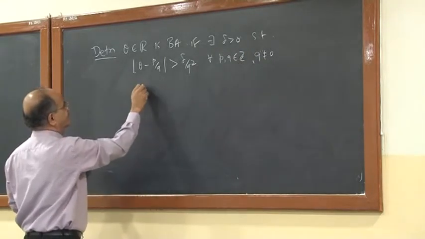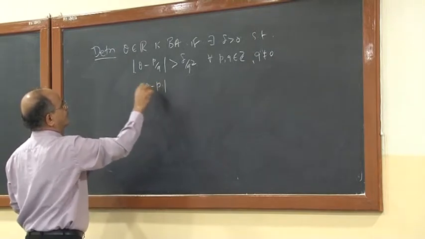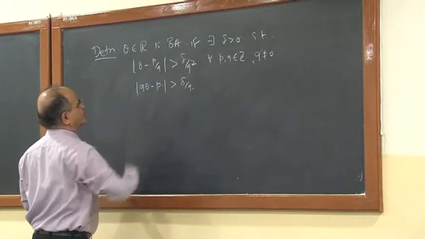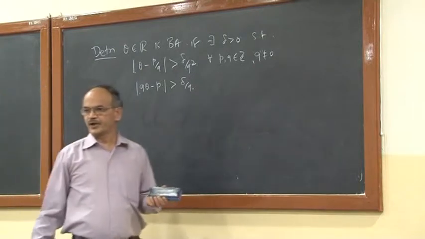And this you can write variously as |q theta minus p| greater than delta by q, and using that you can see that a neighborhood will be avoided.